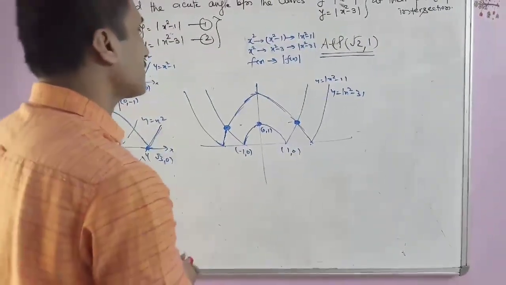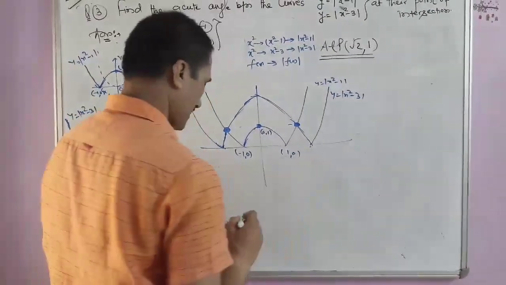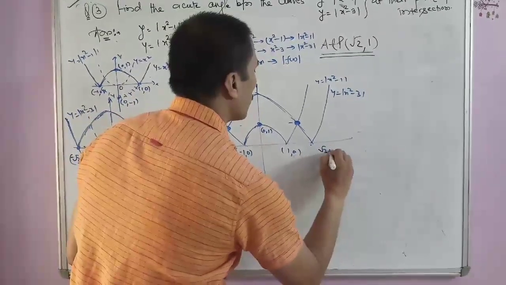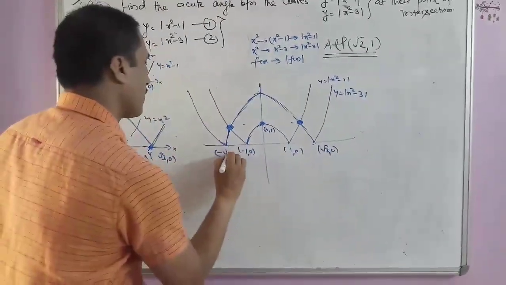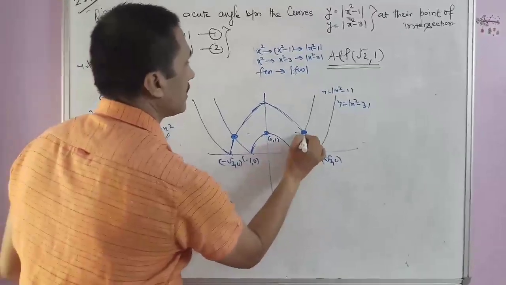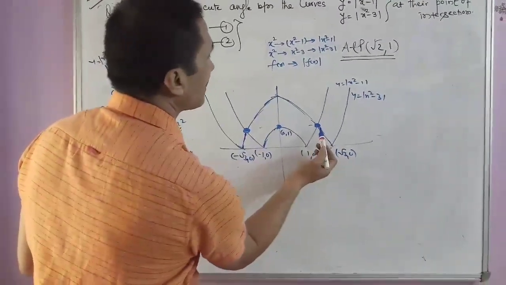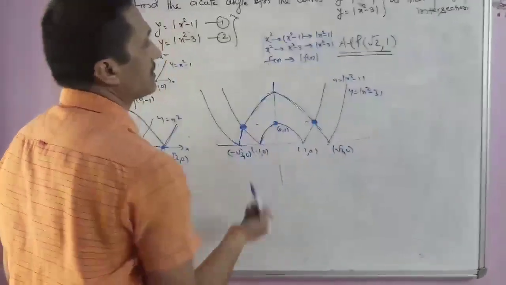Clearly (√3, 0) and (−√3, 0), these two curves intersect each other at these 2 points.